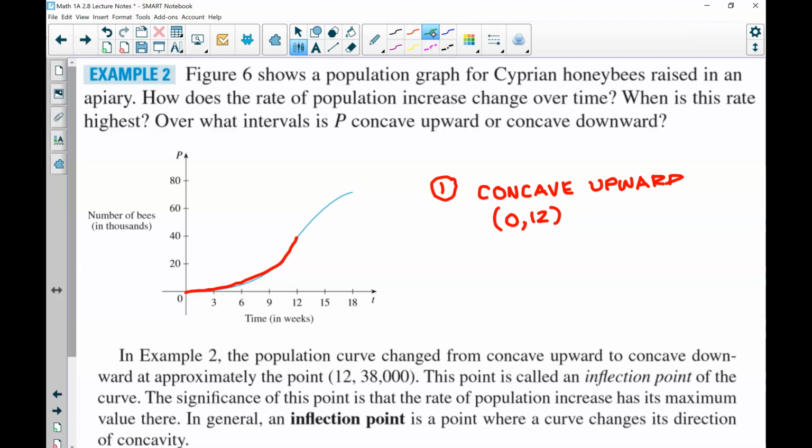And now from 12 to 18, we would say that this is concave downward.